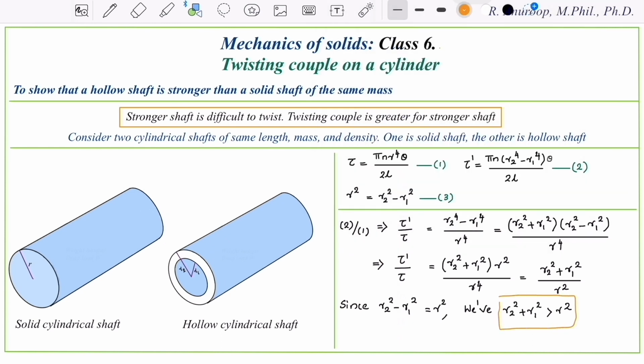When r2 square plus r1 square is greater than r square, what happens to tau dash by tau? When this condition is satisfied, the right hand side of the above equation is greater than 1.